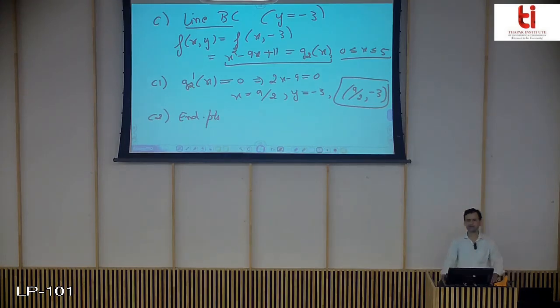For the line segment, you got this expression, f(x,y) reduces to a single variable function.